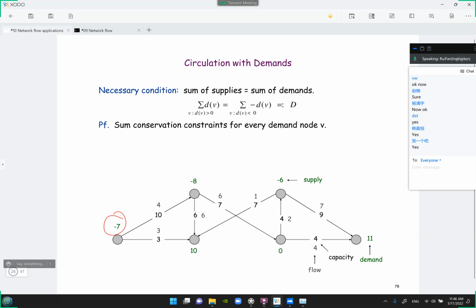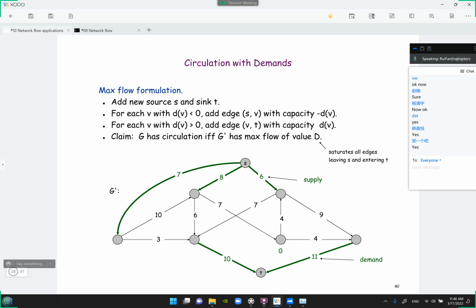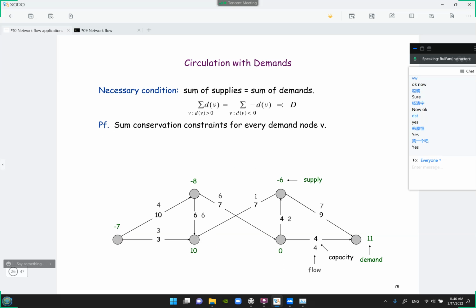I think I won't have time to prove these conditions. The condition for when it is possible to have a circulation is that if you add up all of the demands, all these green values, you'll see that they add up to 0.